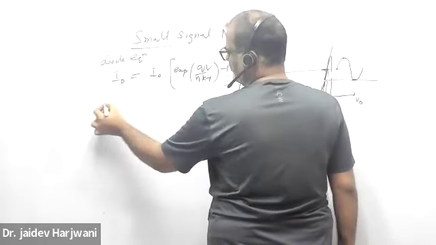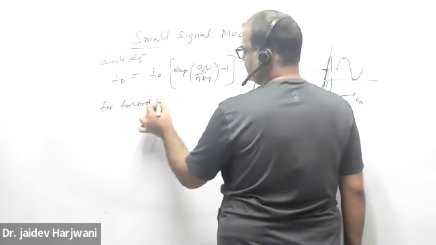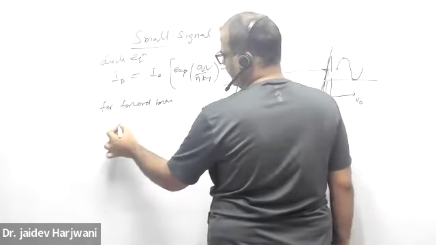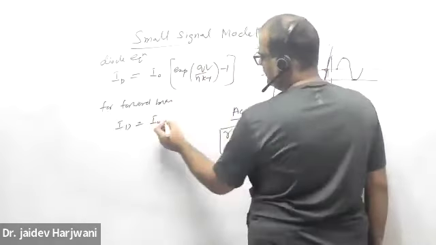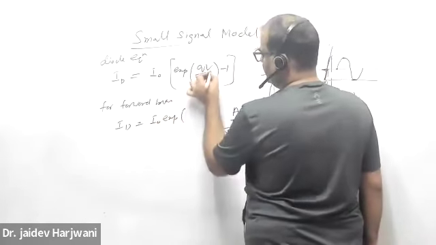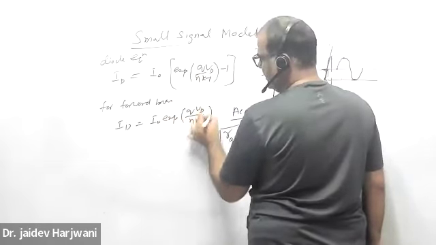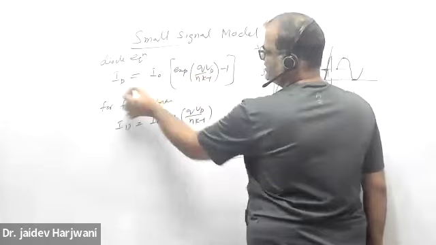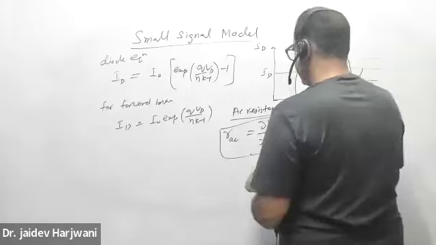Now for forward bias, I can write my ID is equal to I naught, and I can neglect this one. This becomes exponential Q VD upon eta KT. Here I naught is the reverse saturation current.